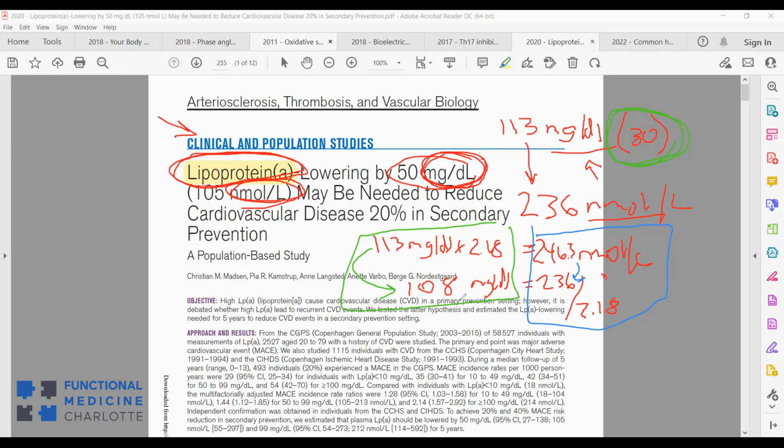We've dropped it 5 points in milligrams per deciliter, but we want to get below 30. So this would suggest that, if possible in the person, all things considered, we probably want to ramp up the dosing of the substance we're using or the intensity of the lifestyle changes to get there faster.